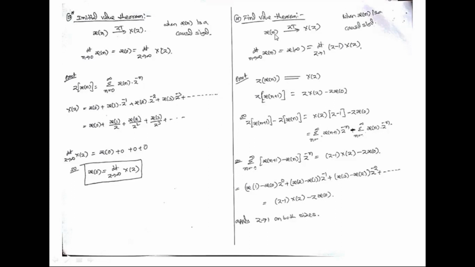To prove this final value theorem, we have to know the shifting property. The shifting property we did for the two-sided z transformation and the one-sided z transformation also.